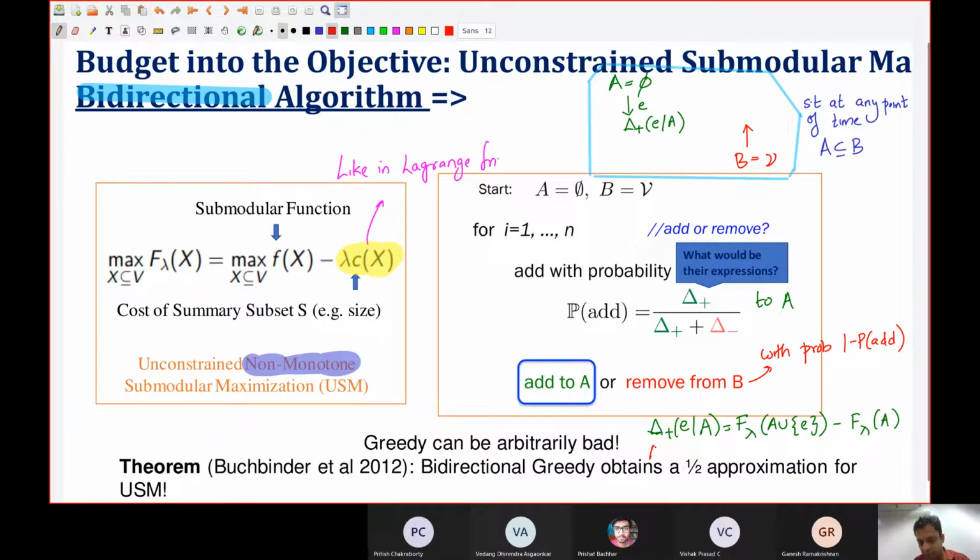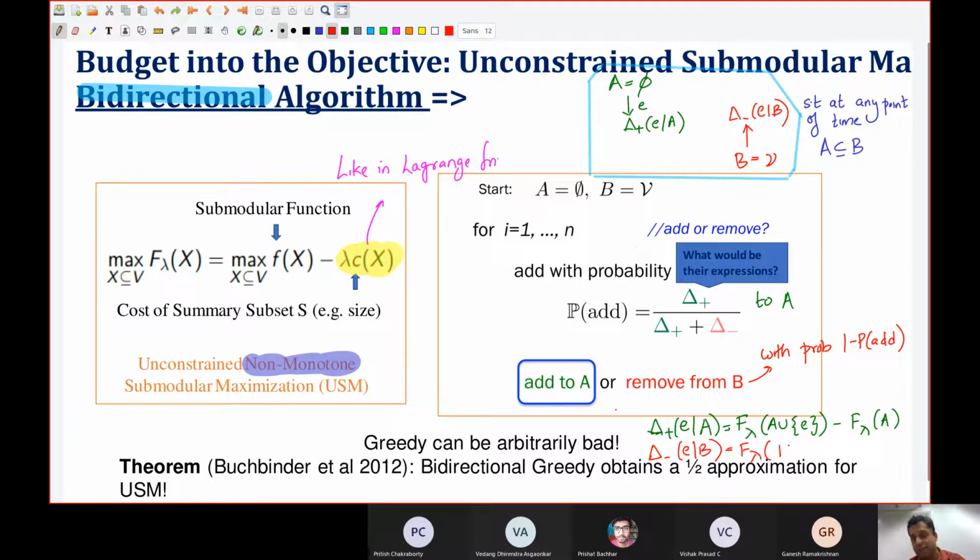So by similar argument, can you guess what delta minus is? It will be for E given B. What will that be? Think a little carefully. You're removing from B, not adding to B. Now, it's not necessary that this function is monotone, by the way.